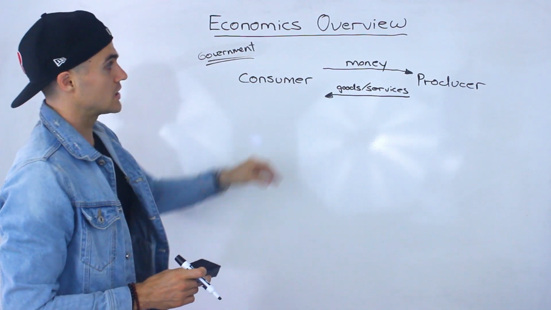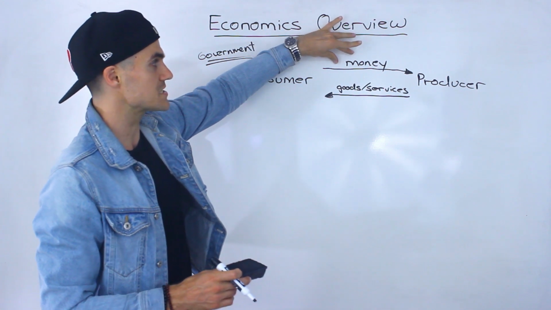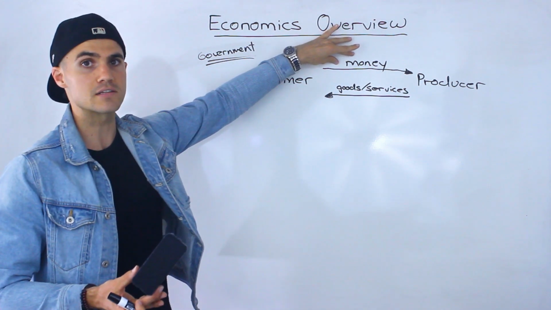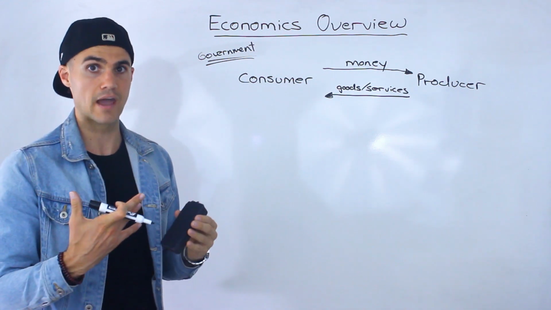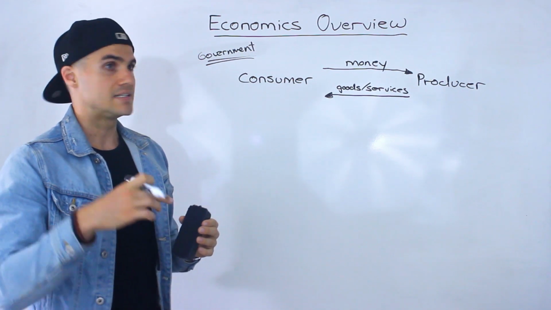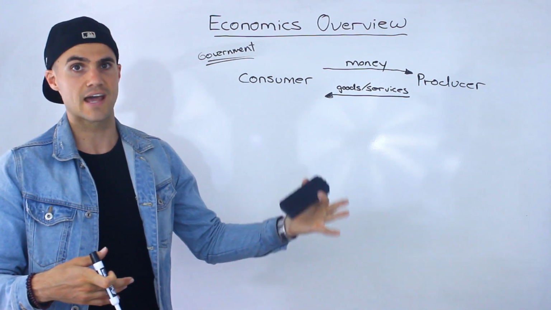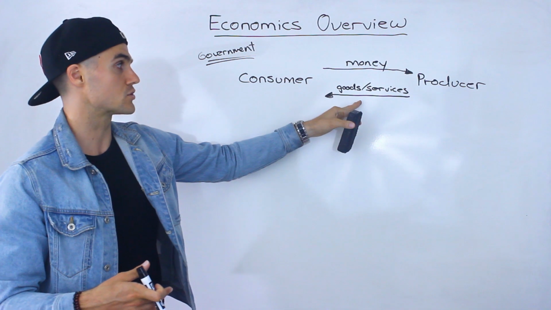Another thing I want to mention is that I wrote money over here, and this money could mean a lot of things. It could mean income that you're receiving, but it could also mean debt or credit. If you purchase something on a credit card, you're using debt or credit to purchase that good or service.